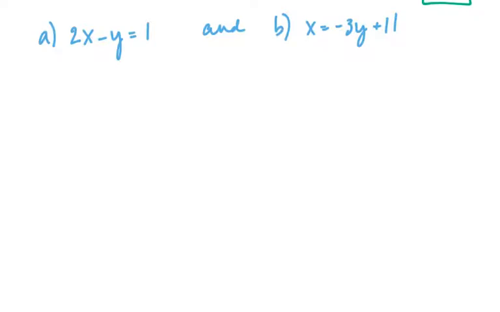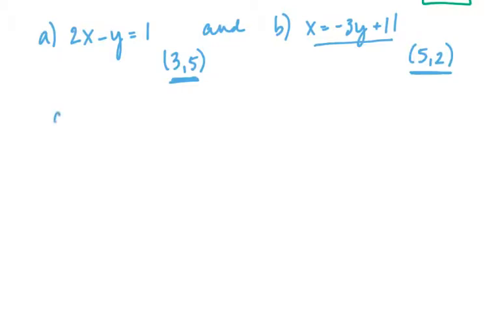They say we can see that (3, 5) is a solution to equation A, and (5, 2) is a solution to equation B. So basically this is a point that can lie on this equation, and this is a point that can lie on this equation.